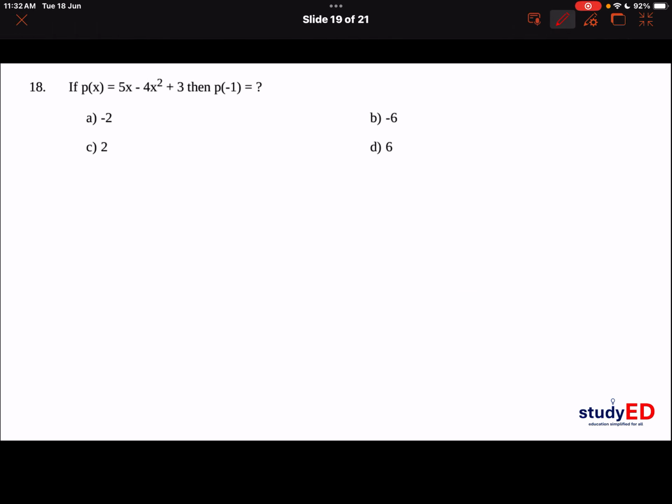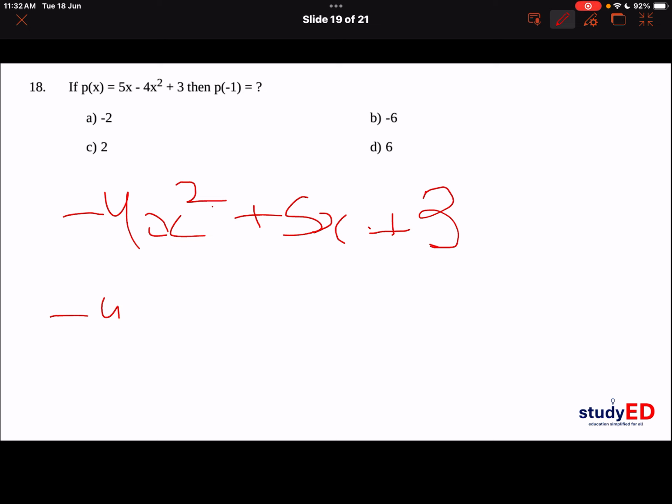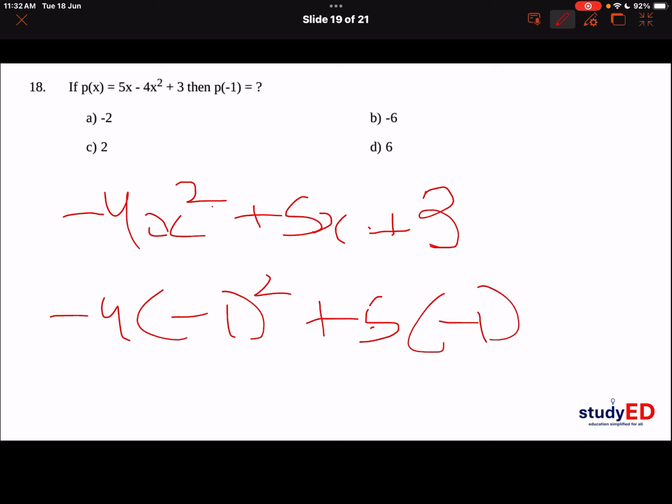If P of x is 5x minus 4x square plus 3, then P of minus 1 is. So let's reorder this: minus 4x square plus 5x plus 3. The x value here we replace with minus 1. So minus 4 times minus 1 square plus 5 into minus 1 plus 3.